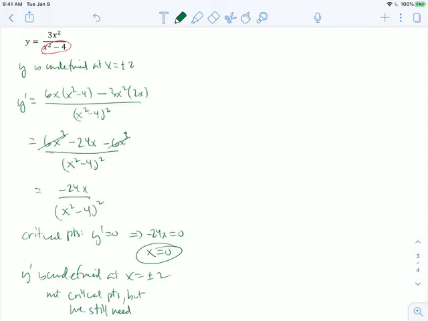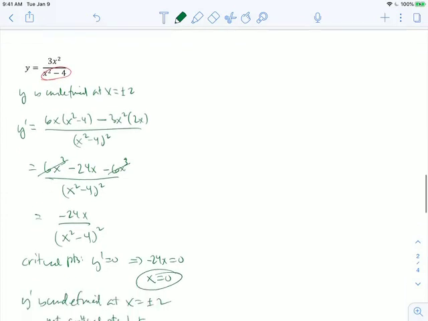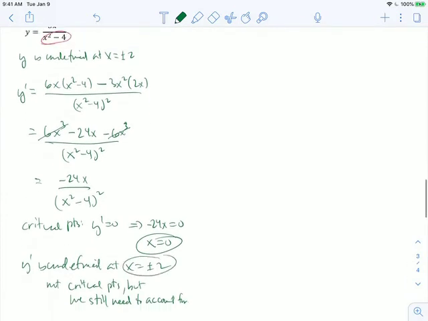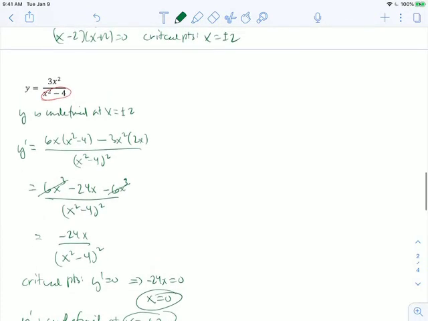They're not strictly critical points because the function isn't defined at that point. So we still need to do some accounting here. So there are 3 places I need to think about this time: plus or minus 2 and 0. So it's going to give me a somewhat crowded number line.